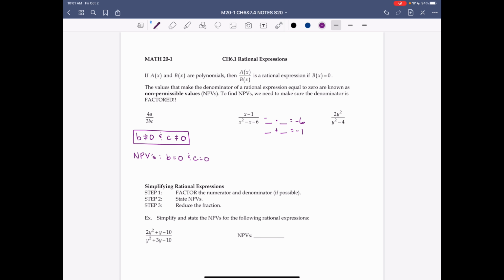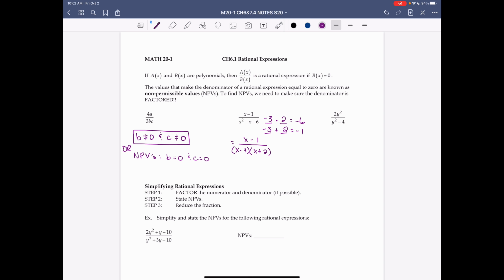So negative 3 and positive 2 multiplies to negative 6, and negative 3 and positive 2 adds to negative 1. Factored form then becomes x minus 1 over x minus 3, x plus 2.